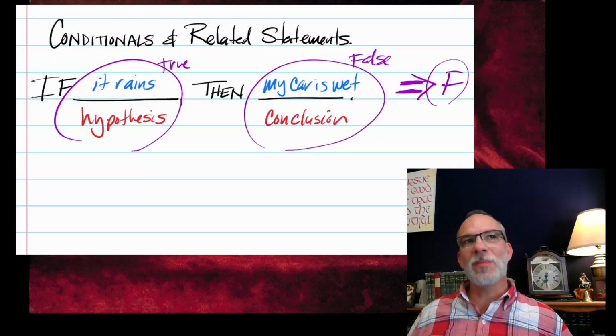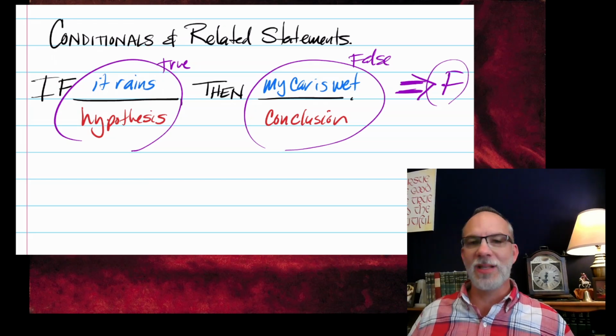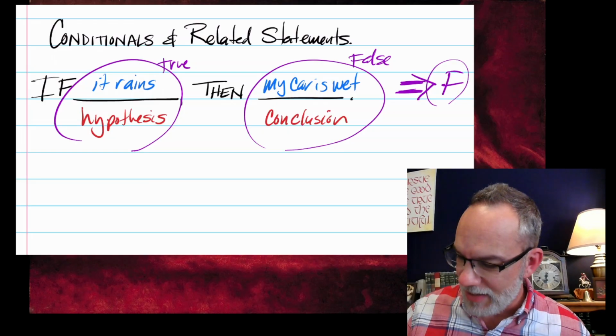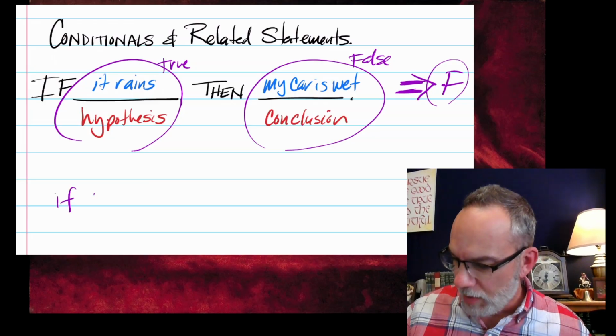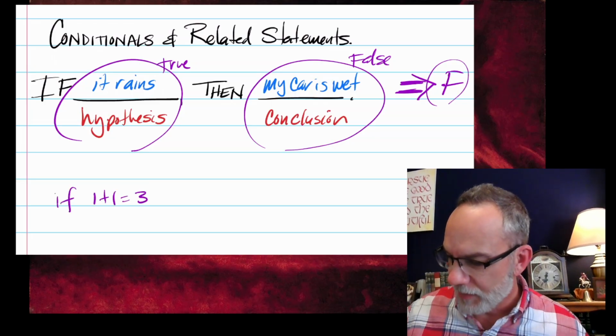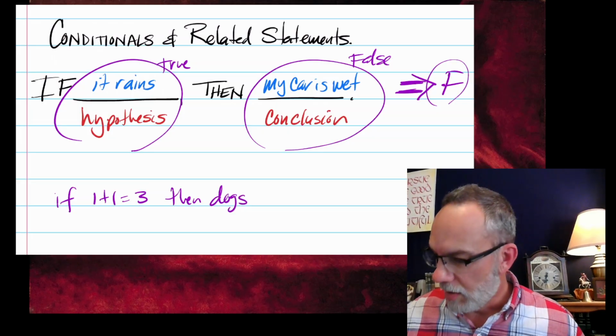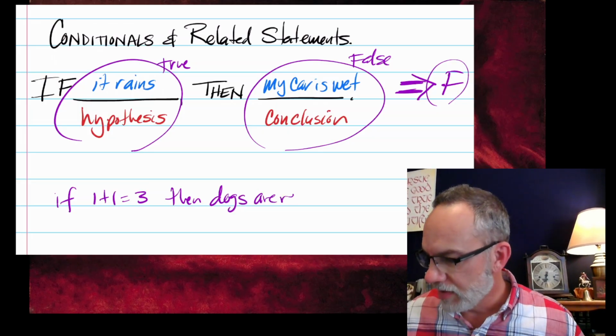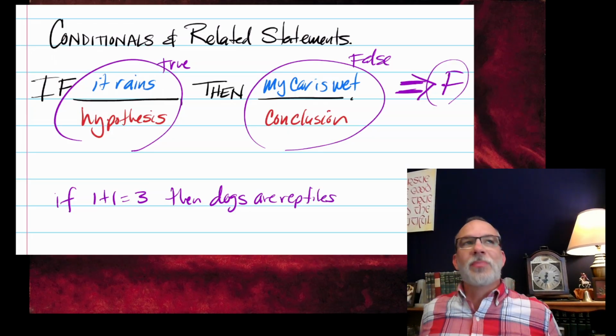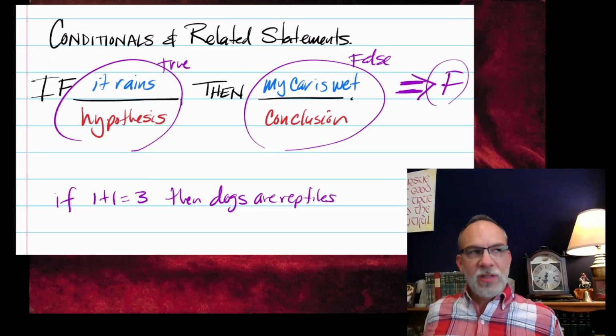The thing that trips them up is this: if the hypothesis is false, it doesn't matter what the conclusion is. It's a true conditional. I think we had one in class that said something like, if 1 plus 1 equals 3, then dogs are reptiles. And the kids were all saying, that's a false conditional.